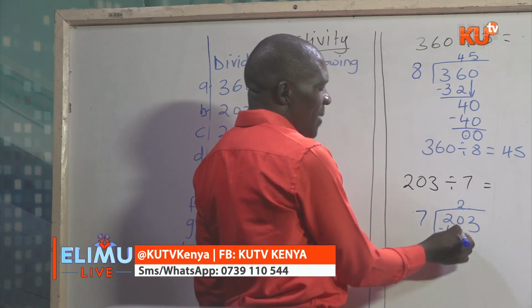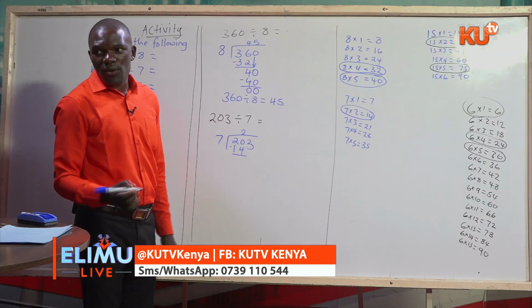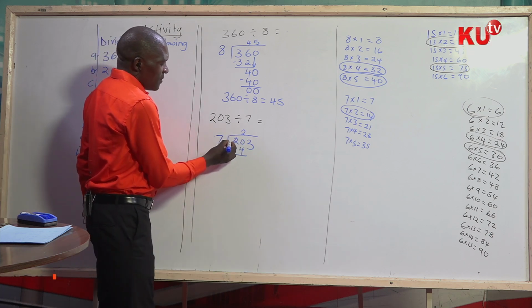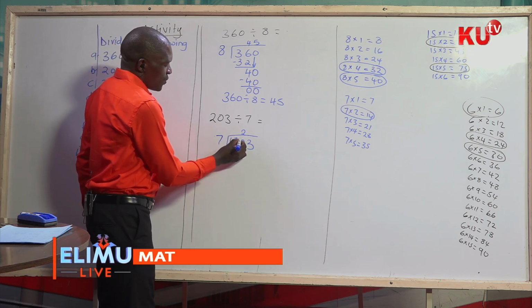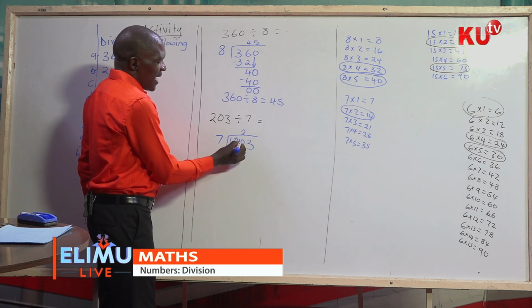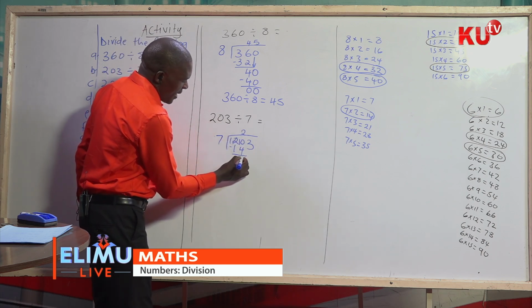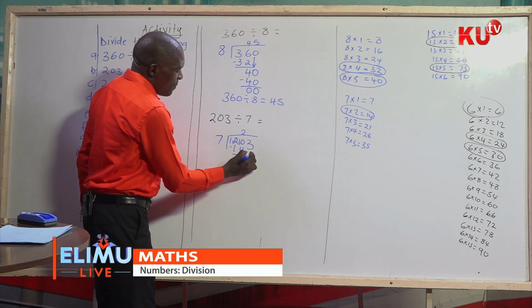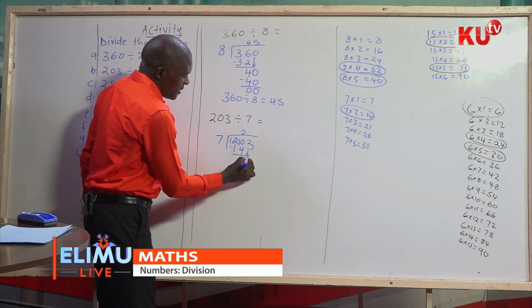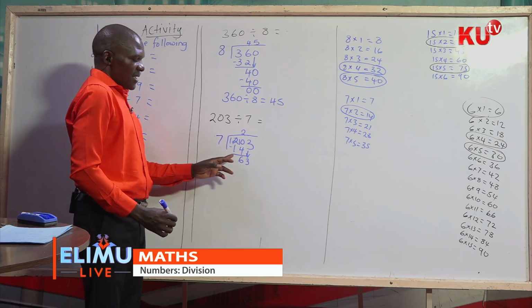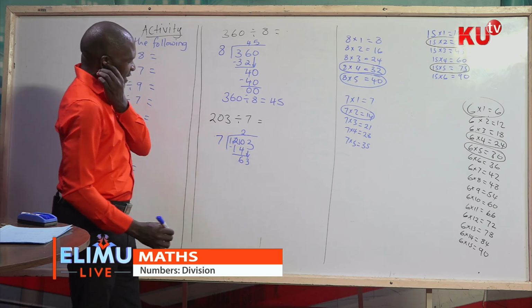Subtract 0 minus 4, it is impossible. So borrow 1 from 2 to make this 0 to be 10, and then 10 minus 4 is 6. Drop 3 to make that number 63, because 7 cannot divide 6.